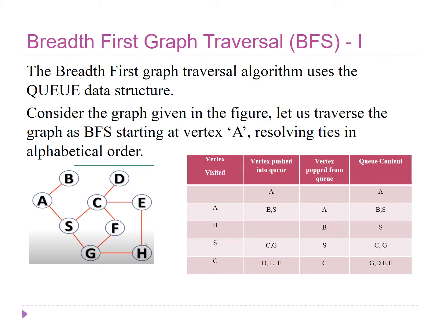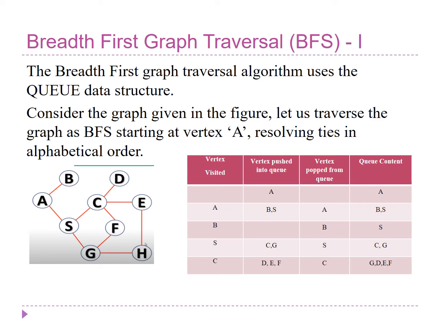Now the queue content is B and S. The front of the queue contains the vertex B. As we can see in the graph representation, B is not connected to any other unvisited vertices. Hence, we pop B from the queue and mark B as visited. Now, the content of the queue is S.